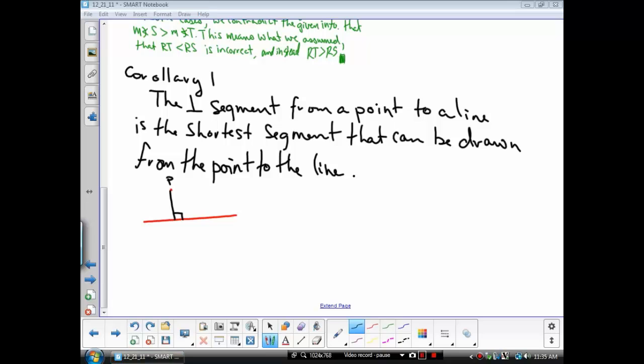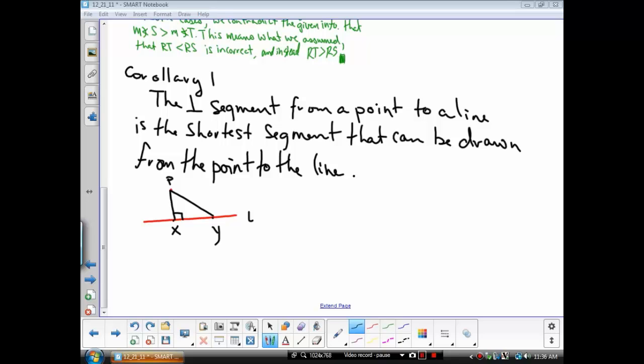So we have a point P. This perpendicular segment is going to intersect that line at, let's call it a point X. And we have a line L. And we're going to look at any other segment drawn from that point to the line and prove that PX has to be shorter than any other segment that's drawn from that point to that line. So here we have another segment drawn from that point to the line. We'll call this point right here Y.